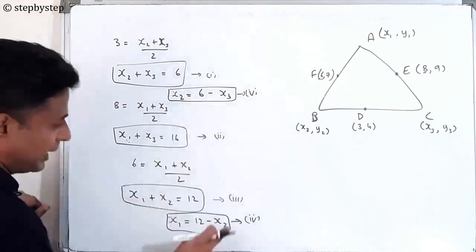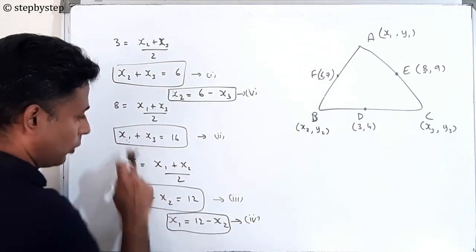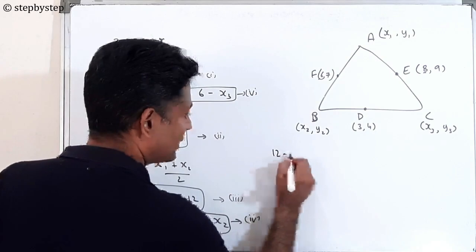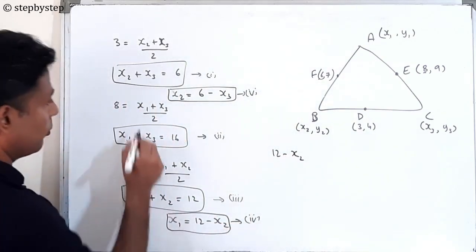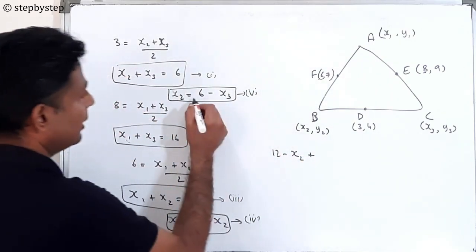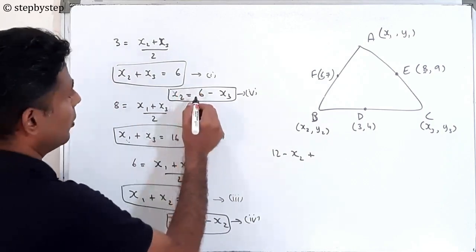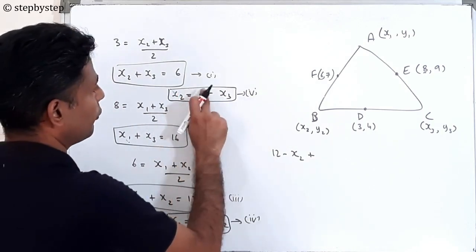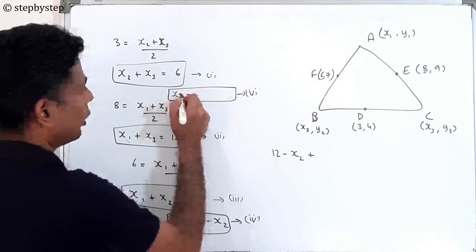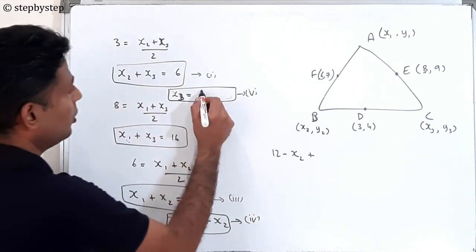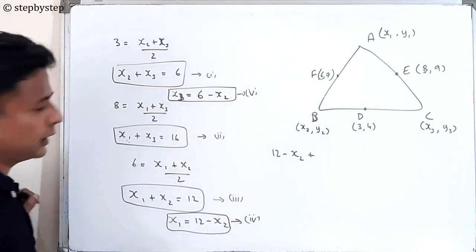Now substituting this and this in this equation. So what is x1? 12 minus x2. And what is x3? Okay, sorry, we have to find for x3. So what do we get? x3 is equal to 6 minus x2 over here, right?